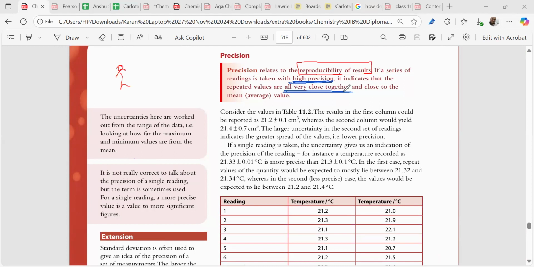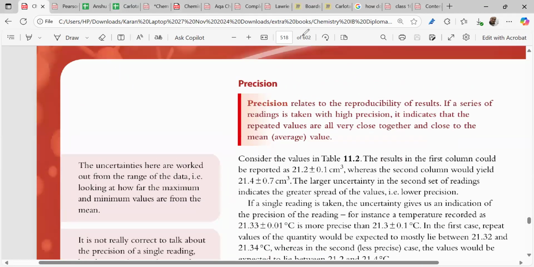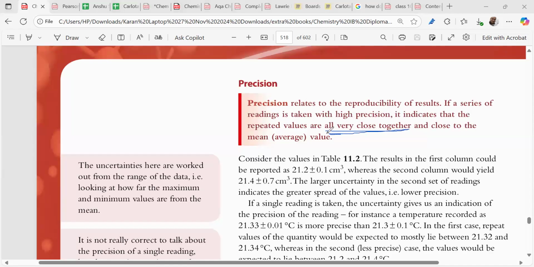All the values will be very close together and very close to the mean average value. You have to understand how to catch whether it is precise or not. If the values are precise, all the recorded experimental values will be very close together, and close to the mean average value.